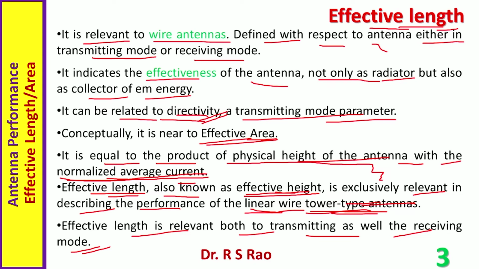It is defined for a transmitting antenna, and it is defined for a receiving antenna. Effective length is relevant both to transmitting as well as receiving mode, of course, for wire antennas.